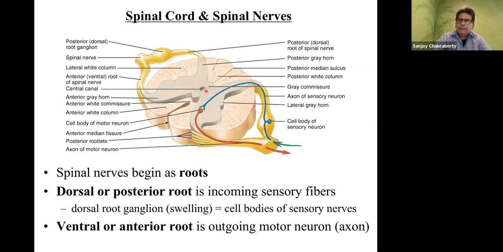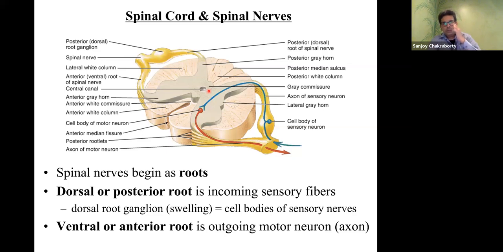So the central canal is not normally circular; it is slightly oval shaped. And number two, the canal is lined with ependymal cells, and it is filled with cerebrospinal fluid, CSF.